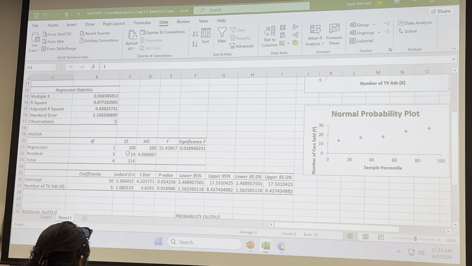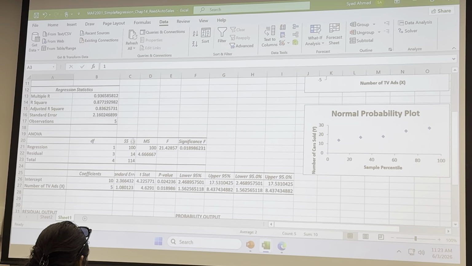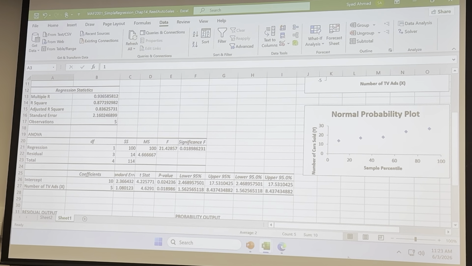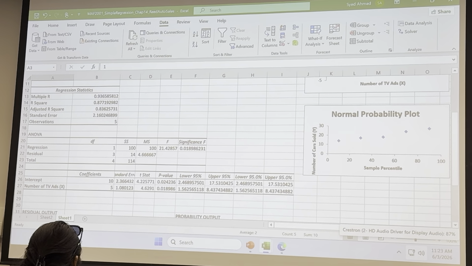So when you take this divided by this, you have 87.72. Now, listen to me carefully. 87.72% of the variation in sales is explained by the regression relationship with commercials.